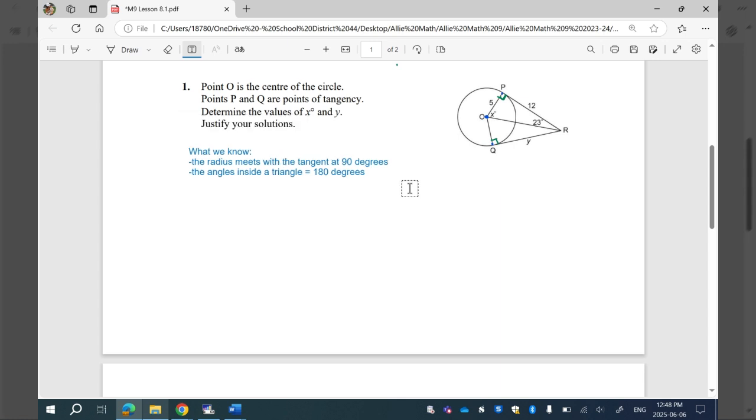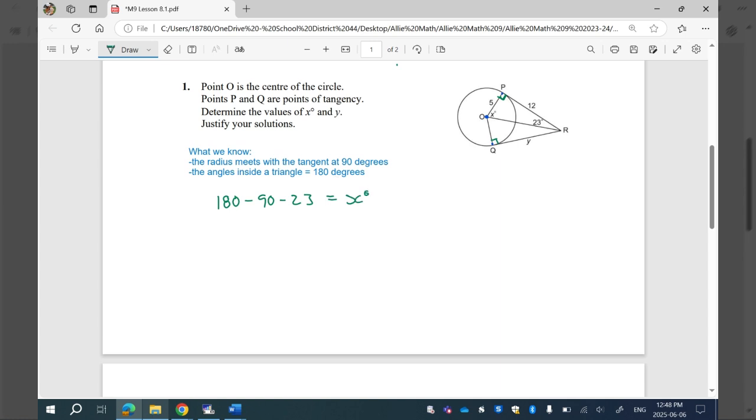Okay, so let's use that second piece of information that I wrote down. So I know that the angles inside a triangle equal 180 degrees. So how can that be helpful for us? We know this one is 90, this one is marked off as 23, and so we can use that information to find x. We can say that 180 degrees total minus the 90 degrees and minus the 23 degrees will equal x degrees.